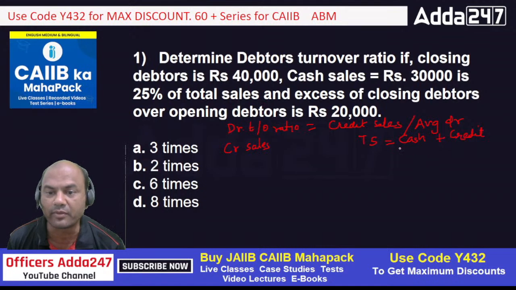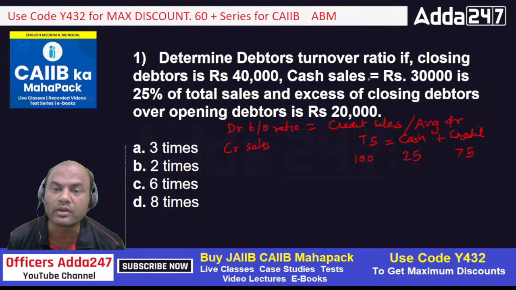So if my cash sales is rupees 25, what should my total sales be? Because cash sales is 25% of the total sales, my total sales should be 100. Out of 100 rupees, I am selling 25 rupees in cash, and the remaining 75 rupees in credit.